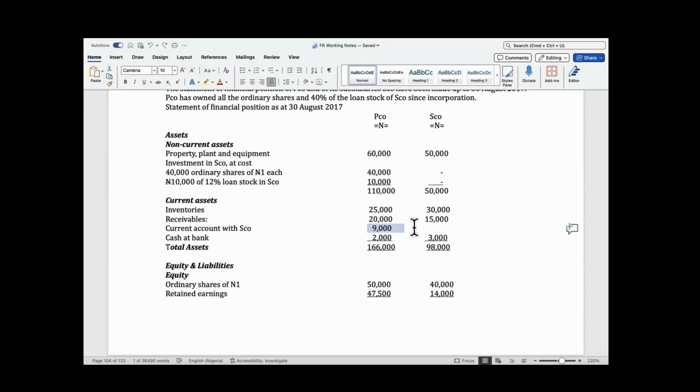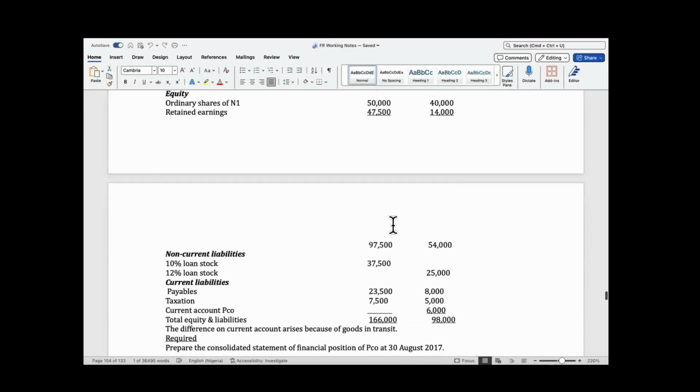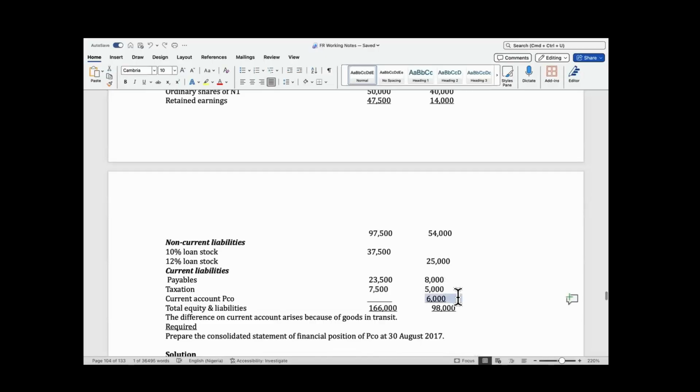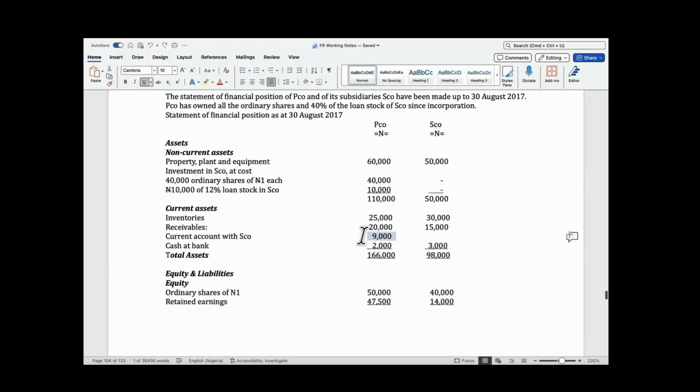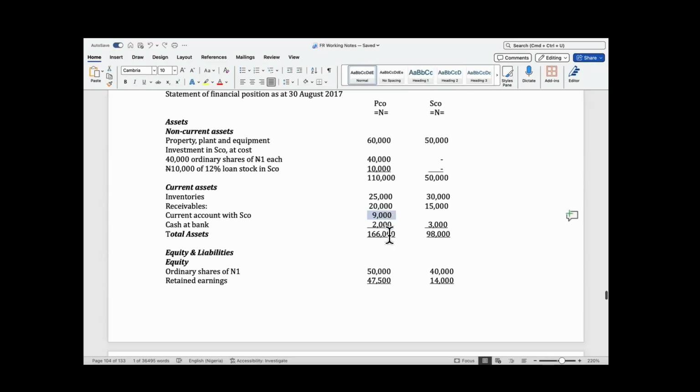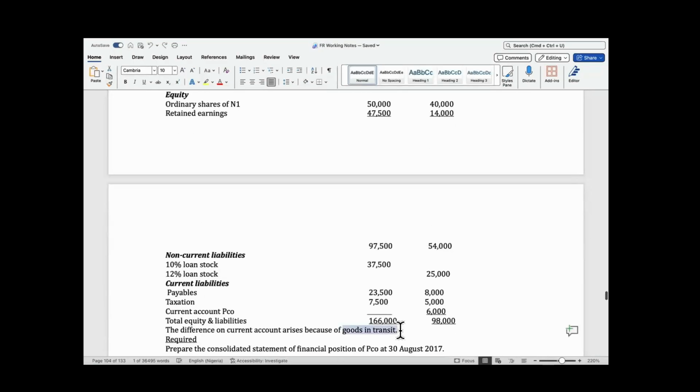The reason for the difference is that Pico actually sold some goods to ESCO that ESCO has not received, which is why ESCO has not updated what it is owing, 9,000. If it had received those goods, it would be showing 9,000 here. So for that reason, we are not going to cancel that out, because it's not within the group yet. We'll cancel out this 6,000 against this 9,000, and whatever is remaining, 3,000, I'll call goods in transit because the examiner told me so.